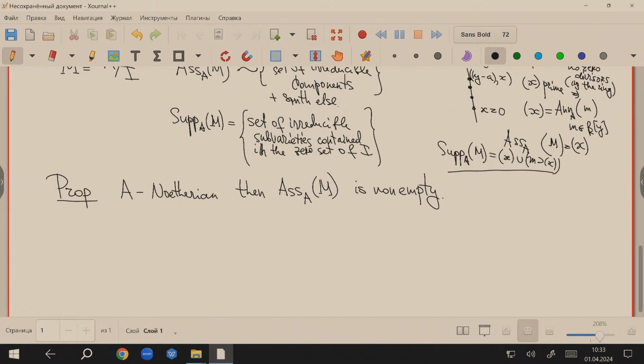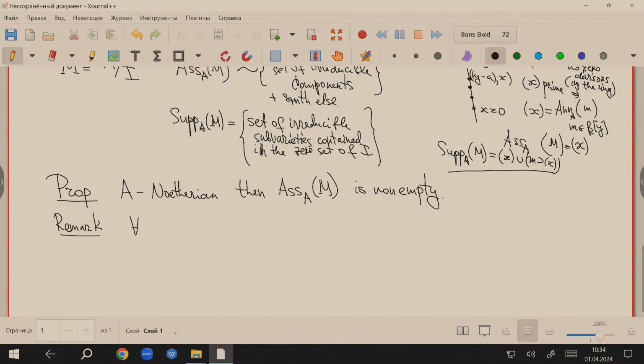Also we should recall the method of the proof. The proof will give you the following.